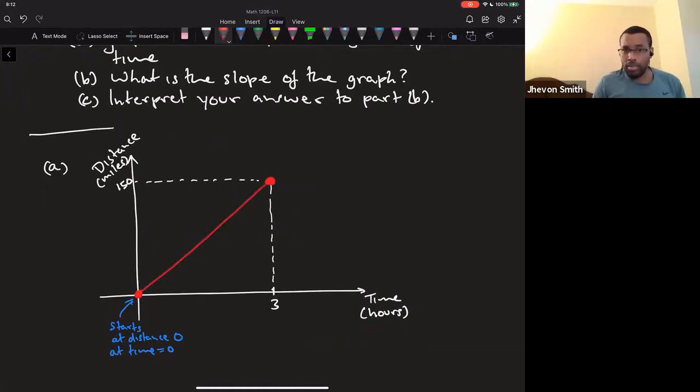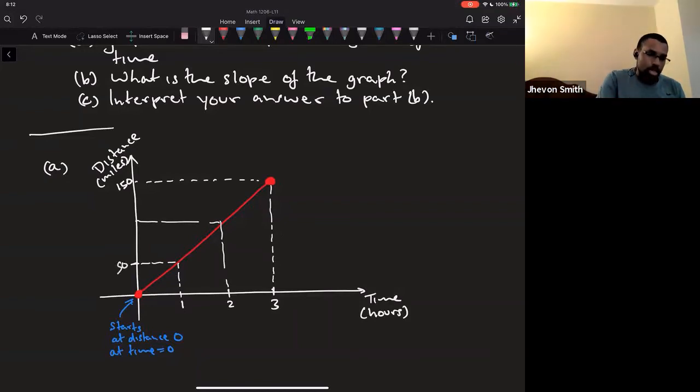So that is the graph of distance versus time. If I were to ask, well, how far is it after 1 hour, I can use this line to figure out how far it would have traveled. And how far has it traveled after 2 hours? I can use this line as well. And you can figure out that it's kind of evenly divided, so this should be like a 50, this should be like 100.